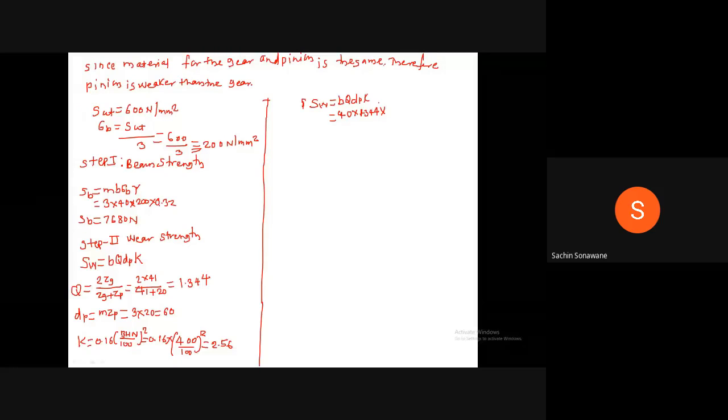What is the value of dp? Write down 60. 60 mm. The unit of pitch circle diameter is mm. Therefore, write down here 60 into what is the value of k? 2.56. Therefore, calculate the value of SW. What is the value of SW?